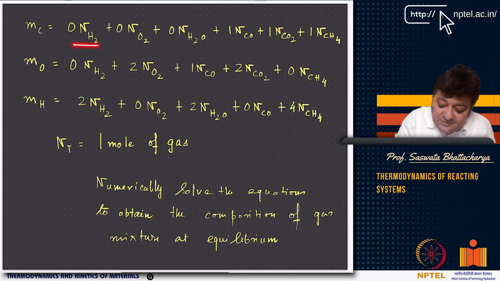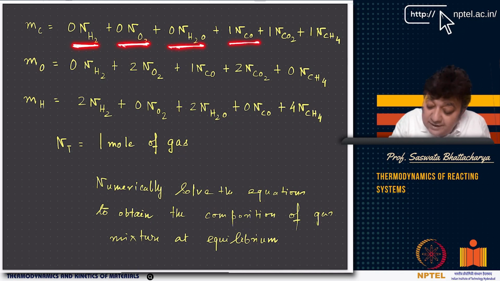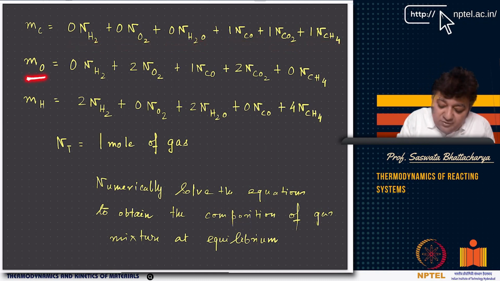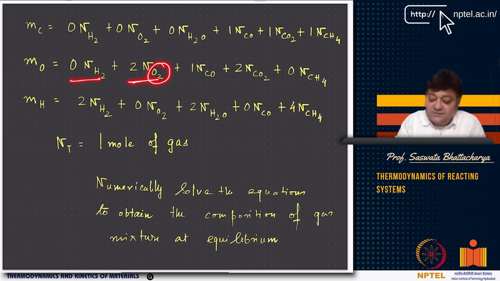So you can basically do the same thing for Mc. For example, we will have 0 NH2, 0 NO2, 0 NH2O, but 1 NCO, 1 NCO2 and 1 NCH4. Similarly for oxygen, if I look at the gram atoms of oxygen, I have 0 NH2, but I have 2 NO2, right, 2 gram atoms of oxygen.